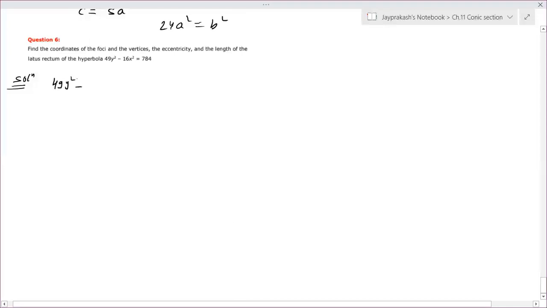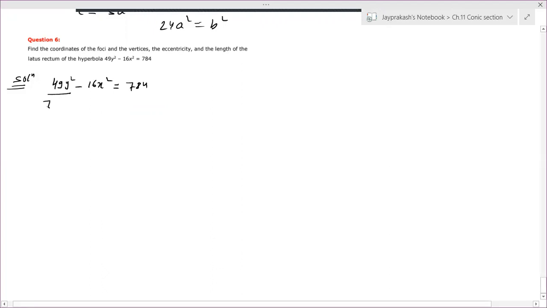So we have given 49y square minus 16x square is equal to 784. Now here the variable y is in the first term. So is it clear? The axis of the hyperbola will be on the y-axis. So let's divide each term by 784 because we need the right side equal to 1.